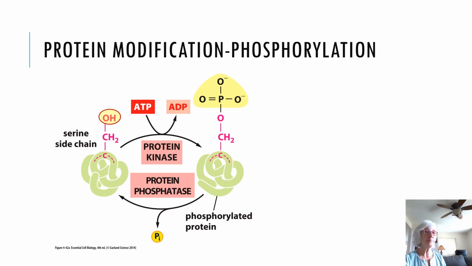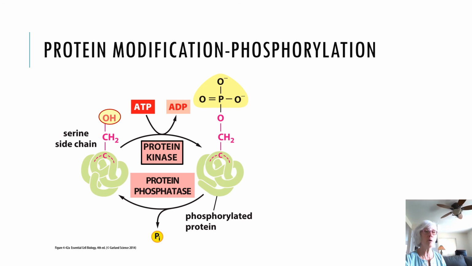And that phosphate is added enzymatically by a group of enzymes known as protein kinases. So protein kinases are enzymes that will transfer a phosphate group from ATP onto proteins, specifically onto amino acids that terminate in an OH.